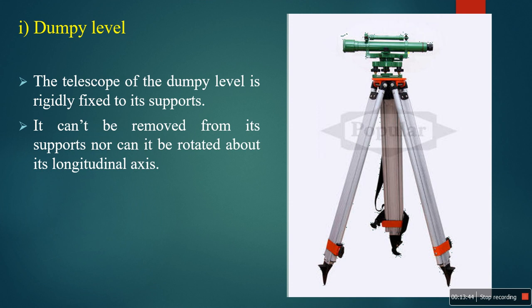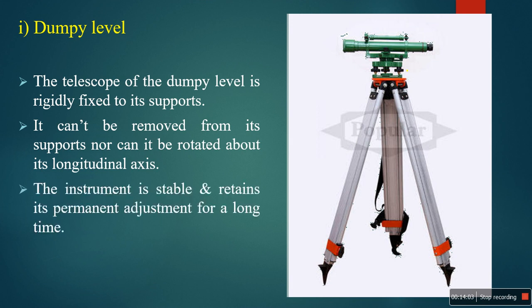If you rotate this one to take the previous reading again and check it, that is not possible here. The telescope is rigid; it is not possible to remove it from the instrument, and not possible to rotate it about the longitudinal axis. The instrument is stable and retains its permanent adjustment for a longer time.